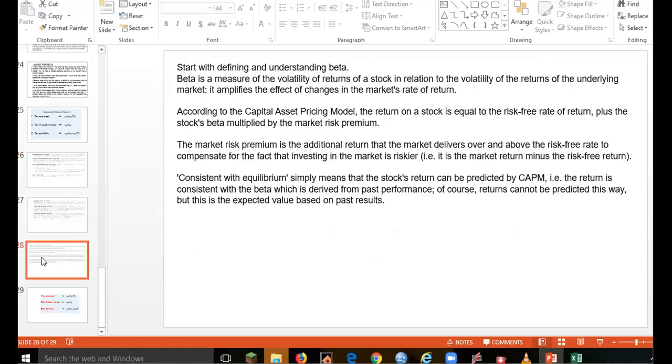Consistent with equilibrium simply means that the stock return can be predicted by the capital asset pricing model. That is, the return is consistent with the beta which is derived from the past performance. Of course, return cannot be predicted this way, but this is the expected value based on the past result.